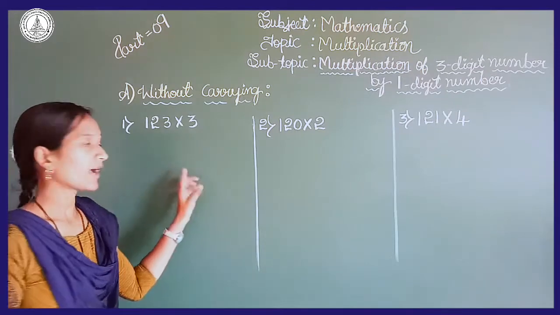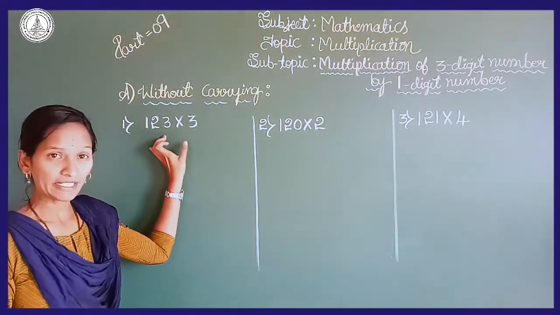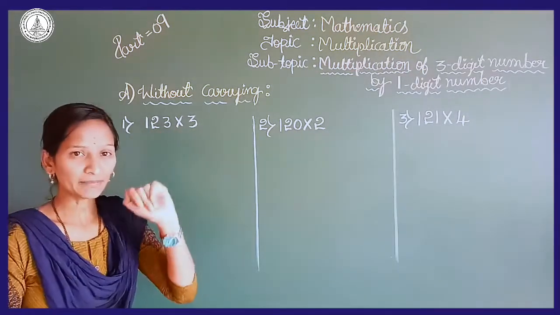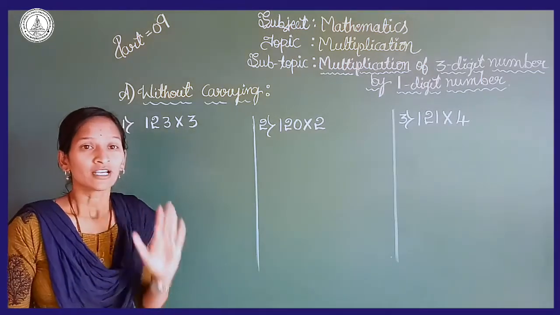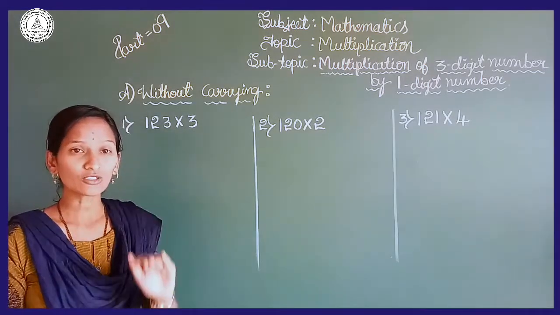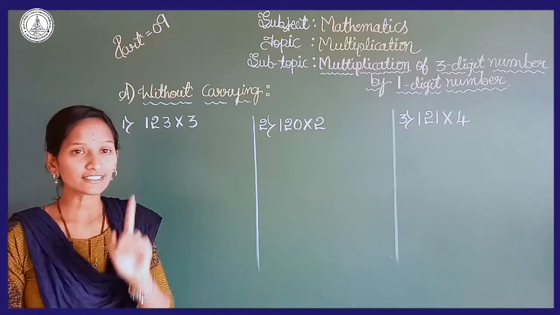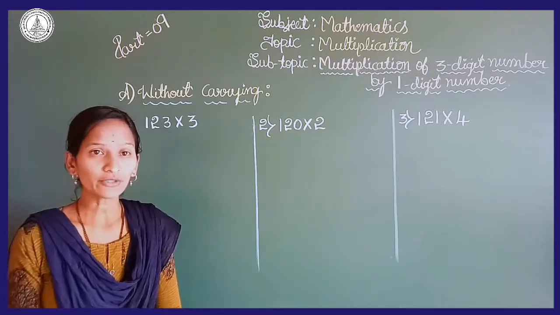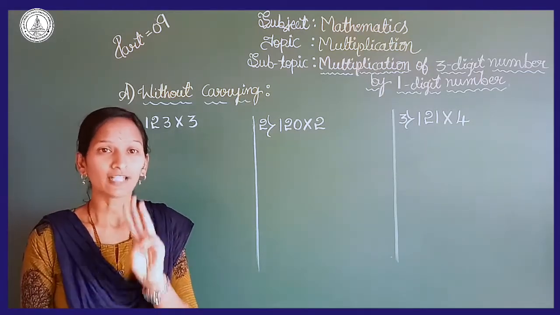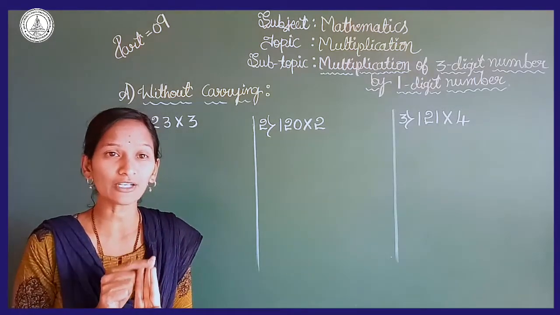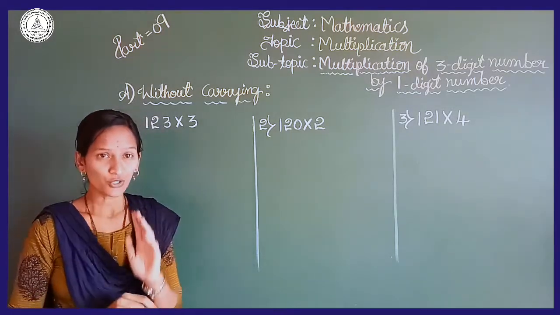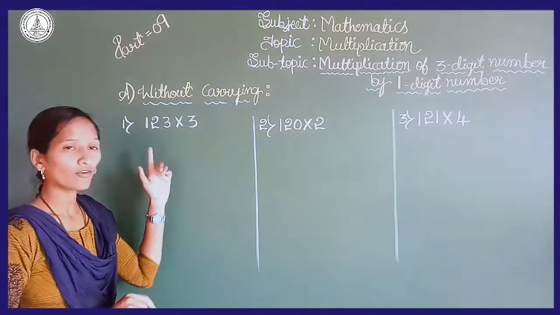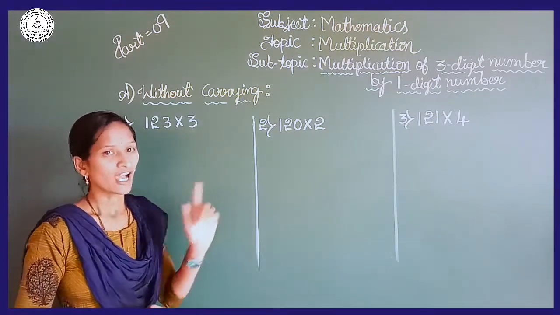In this problem, 123 is the multiplicand and 3 is the multiplier. The first step is to write down these numbers under the columns of hundreds, tens and ones. Already you know the three-digit numbers need one more place value, that is hundreds. So write down under the columns of hundreds, tens and ones at first.